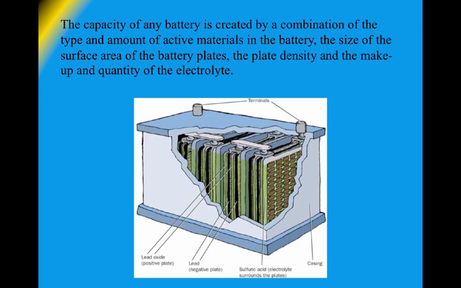In our typical lead acid battery, they're all going to have the same basic components. You're going to have a positive plate and a negative plate, a cathode and an anode, and some sort of plate separators and a case for the containment of the electrolyte, your sulfuric acid electrolyte solution.